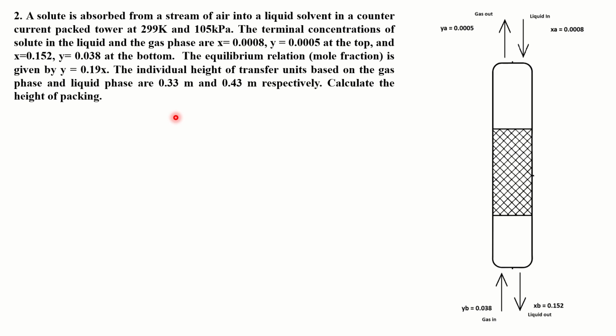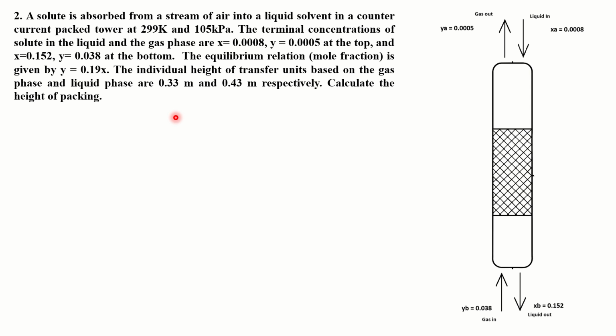Problem statement: a solute is absorbed from a stream of air into a liquid solvent in a counter current packed tower at 299 Kelvin and 105 kilopascal. The terminal concentrations of solute in the liquid and the gas phase are X is equal to 0.0008, Y is equal to 0.0005 at the top, and X is equal to 0.152, Y is equal to 0.038 at the bottom.